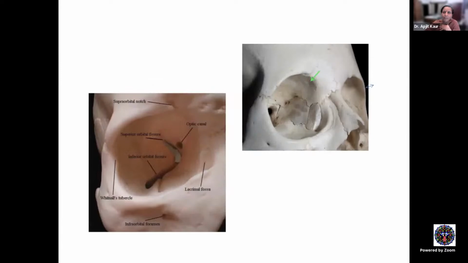So this is an image which is showing you the optic canal here, the supraorbital notch, the superior orbital fissure. You see how this superior orbital fissure virtually looks continuous with the inferior orbital fissure. Here is the lacrimal fossa. So this is at the infero-medial corner, the Whitnall's tubercle where the Whitnall's ligament attaches, and here just under the rim, somewhere in the middle, is the infraorbital foramen.